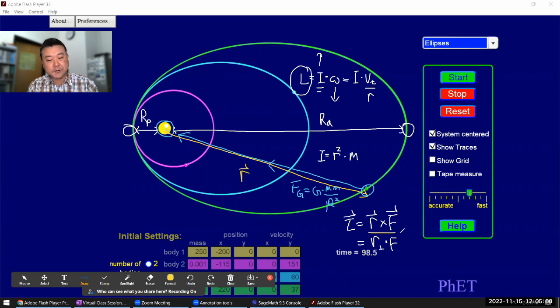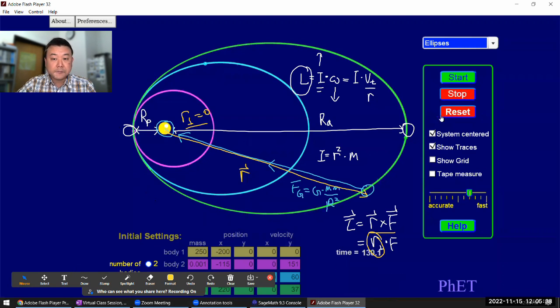Or another way to put it is that the lever arm is the component of displacement perpendicular to the force, and with the force pointed that way, the perpendicular component is 0. So throughout the entire orbit of this planet, there's no point at which the lever arm is not 0. Even though there is an external force on it, there is no external torque on it. That's why the angular momentum should be conserved.